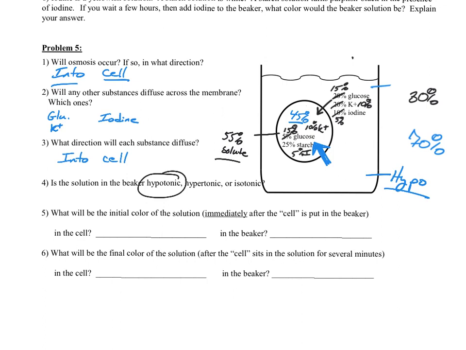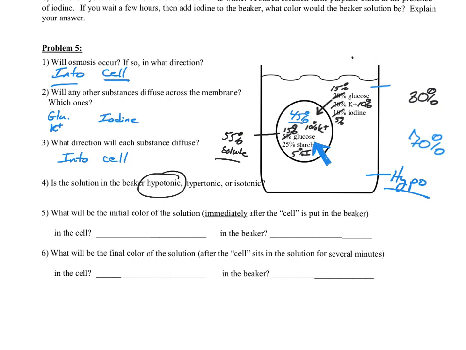Okay. All right, these are practice problems. They're meant to challenge you, to make you think, right? What will be the initial color of the solution immediately after the cell is put in the beaker? Immediately, the outside's going to be yellow, right? Because what color is iodine? They tell you it's yellow.